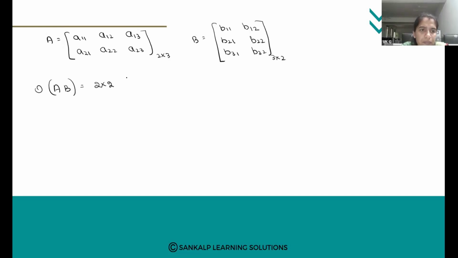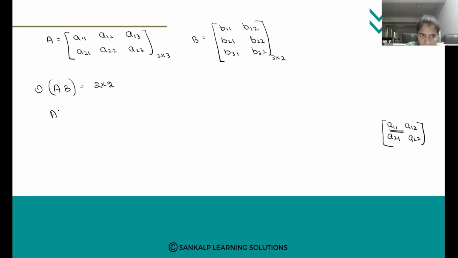Now identify a particular entry of the product. For example, a general matrix of order 2 by 2 is of the form A11, A12, A21, A22. Now, to find the 1 1 entry, take the first row from the first matrix and the first column from the second matrix, multiply pairwise and add.